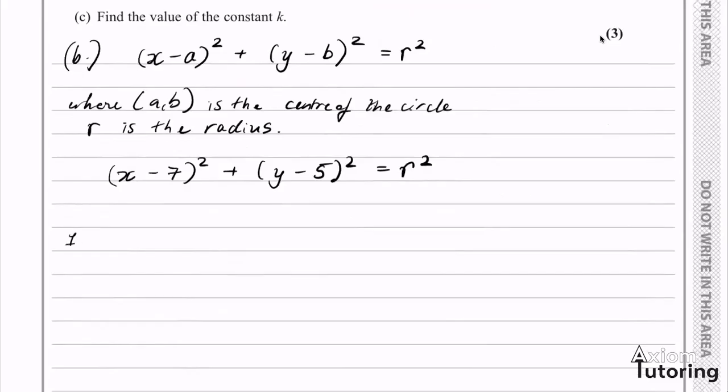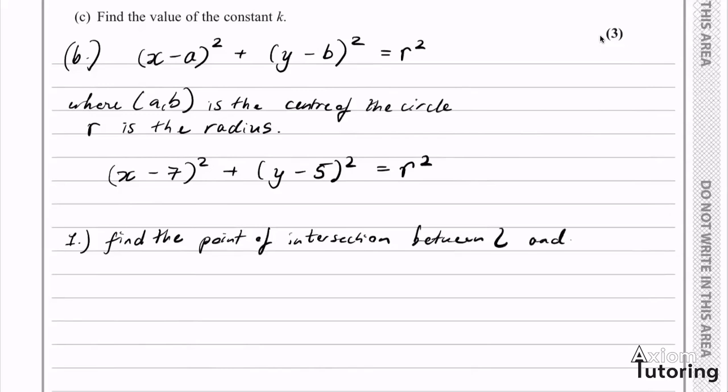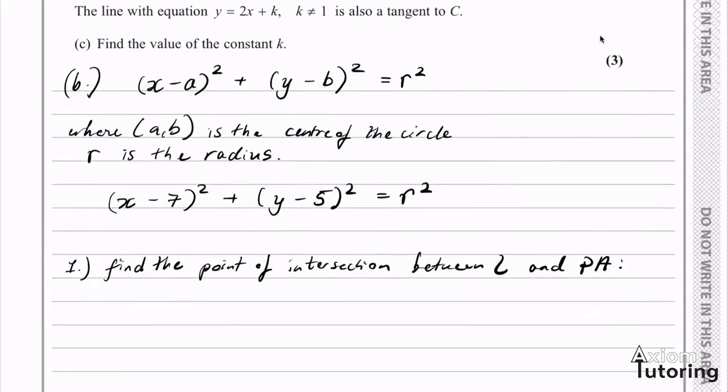Here we're going to find the point of intersection between L and PA. The best way to do that is to substitute the equation for L into the equation for PA, or vice versa.